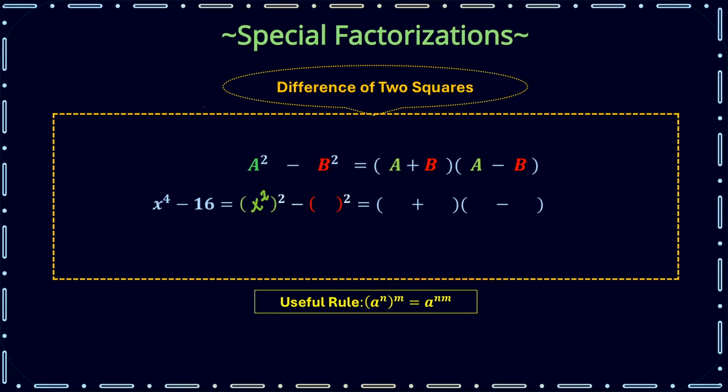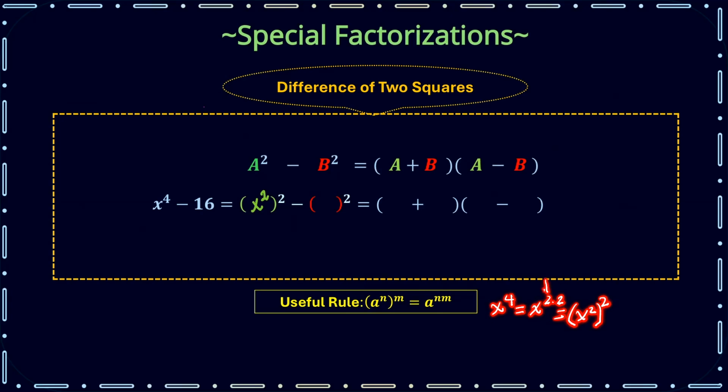If you have a to the power of n times m, you could write it as a to the power of n to the power of m. So x to the 4, you could think of that as x to the power of 2 times 2. And that can be written as x squared to the power of 2.